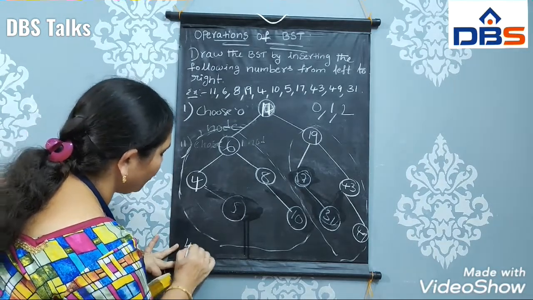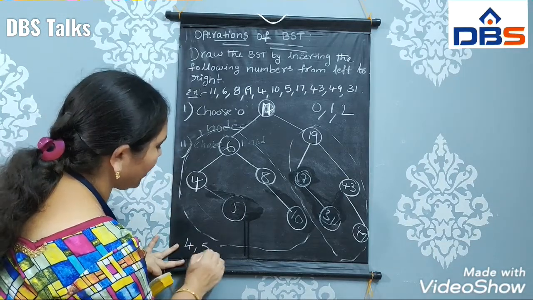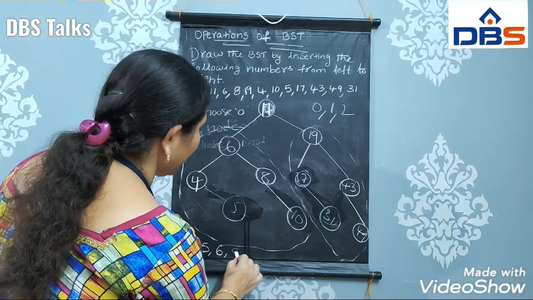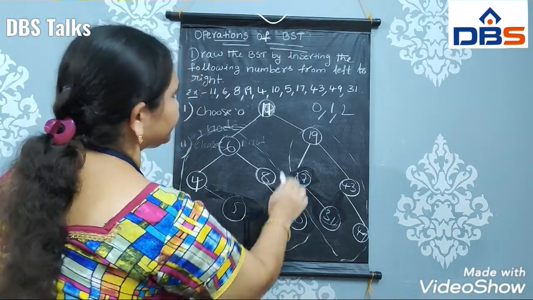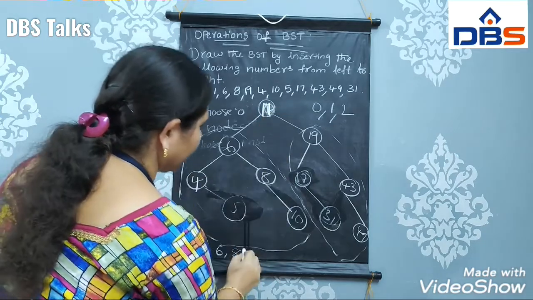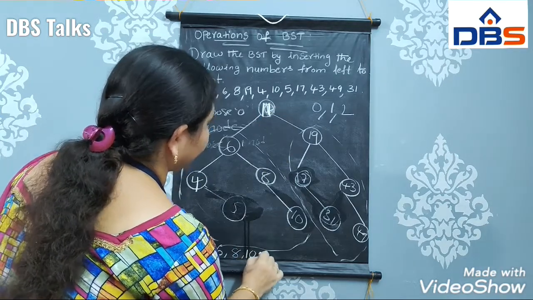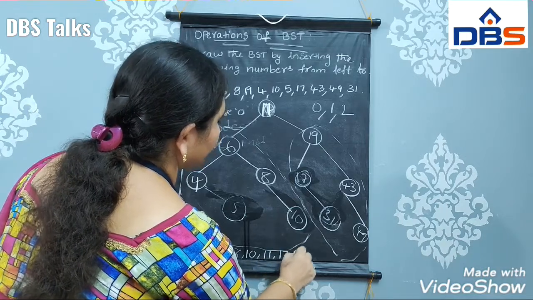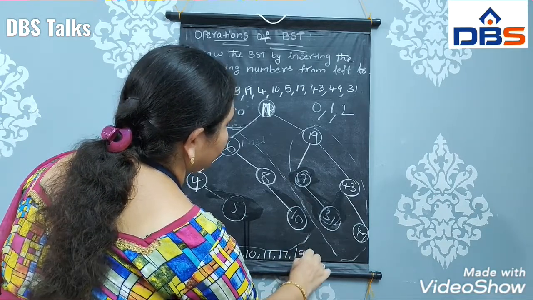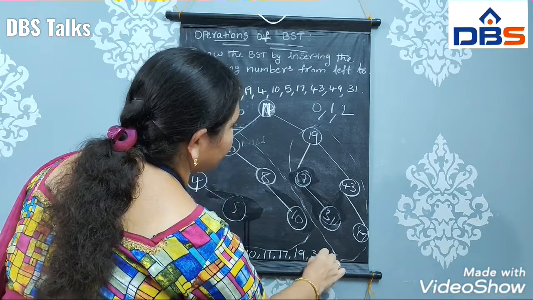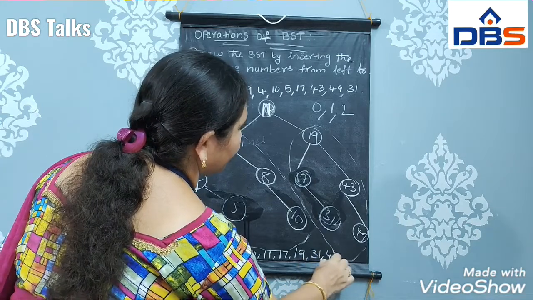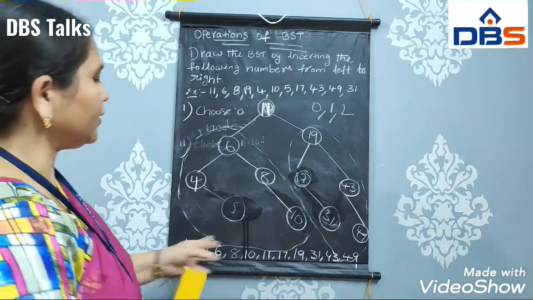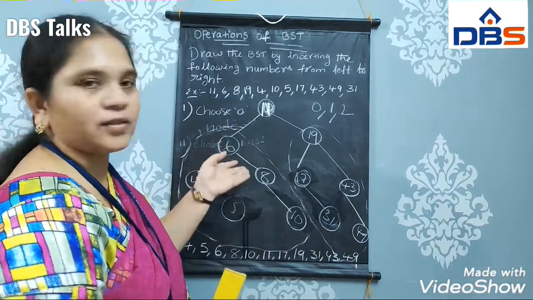So we have to take 4, then 5, then 6, then 8, then 10, then 11, then 17, then 19, then 31, 43 and 49. So this is the in-order of the BST.